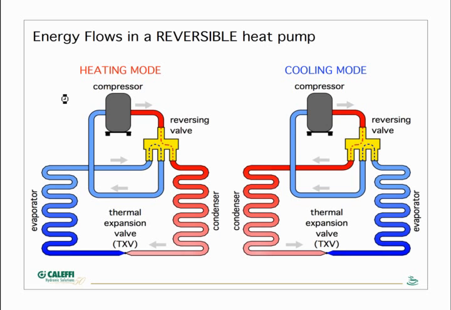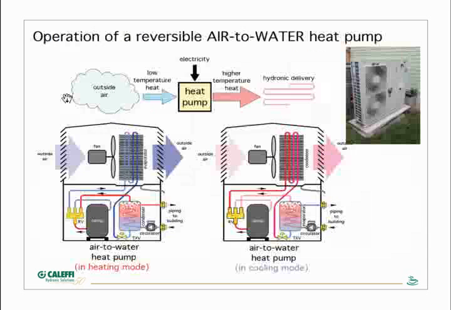Now, here's an interior illustration of an air-to-water heat pump. An air-to-water system would have an outdoor unit. You see it in the upper right-hand corner. This is basically drawing outside air through it and extracting heat from that outside air. And then the refrigeration cycle we talked about is shown down below.